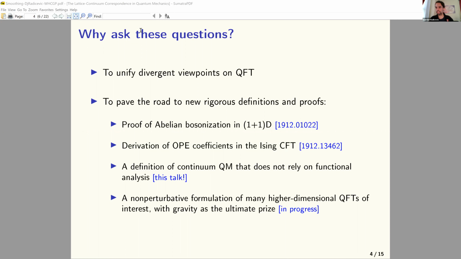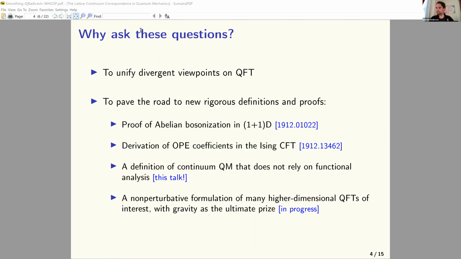Another thing you can do is start from a lattice and derive OPE coefficients in a conformal field theory from scratch, without assuming anything about there being conformal symmetry. So these are nice things. It gives you an idea how these continuum things, these dualities and operator product algebras, emerge from the lattice, and gives you new ways of defining them.